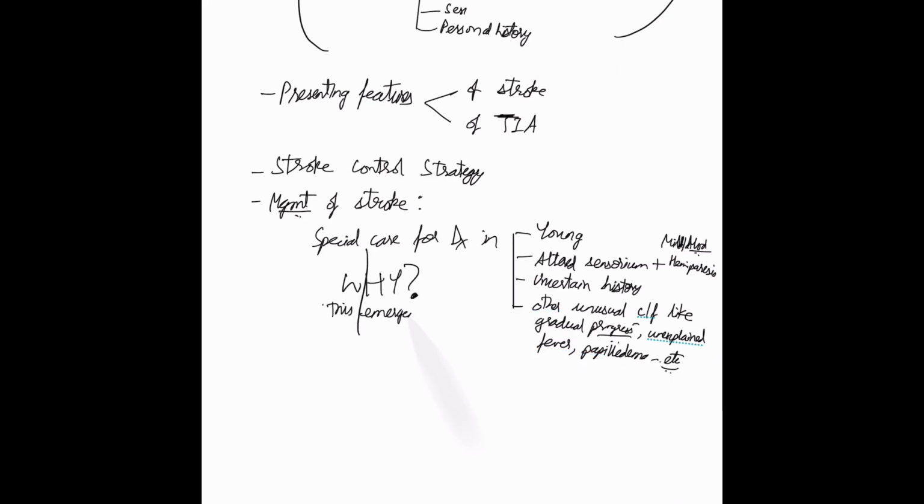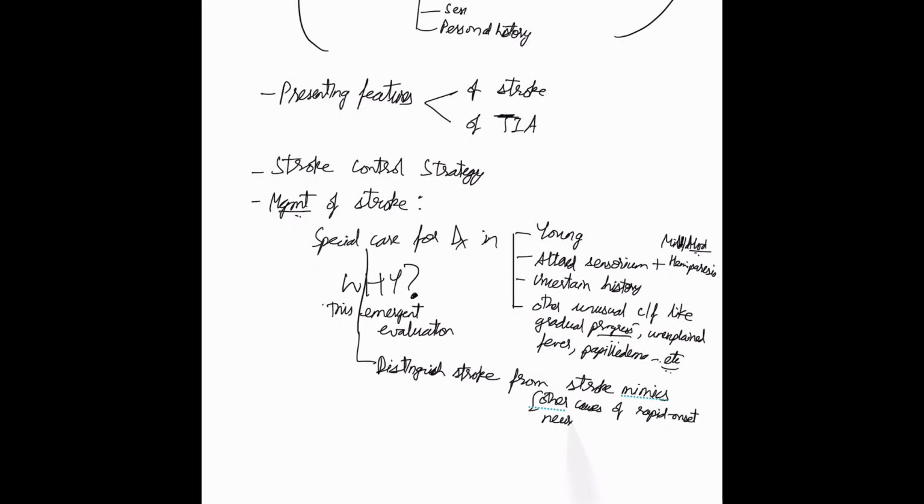So why do we need to do this emergency evaluation, or emergent evaluation as it's described in the textbook? We have to distinguish stroke from stroke mimics or other causes of rapid onset neurological dysfunction, which is very important. Then we also need to determine the pathology, whether it's ischemic or hemorrhagic.